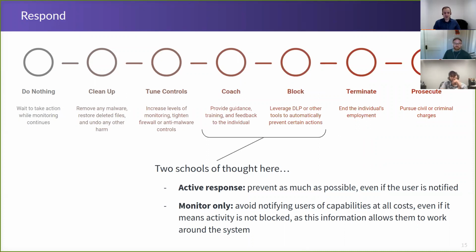And so it's actually better to just monitor the activity so as to avoid users going down channels that lose visibility into what they're doing. So again, two schools of thought. I get the sense that the security community is pretty well divided between the two. So it really just depends on your philosophical approach and how you view the extent of an individual's ability to get around controls as to which option you would choose.